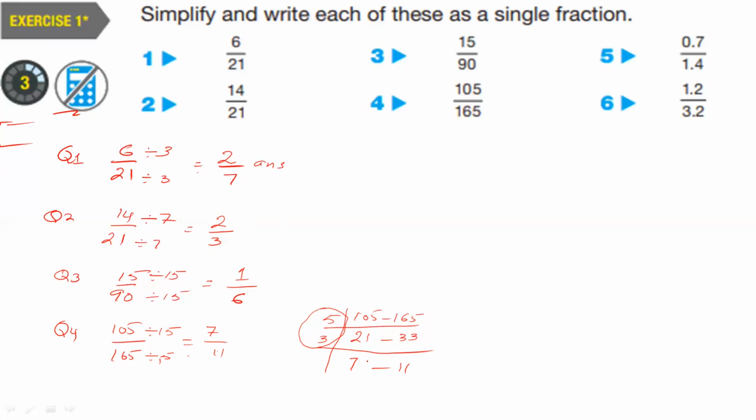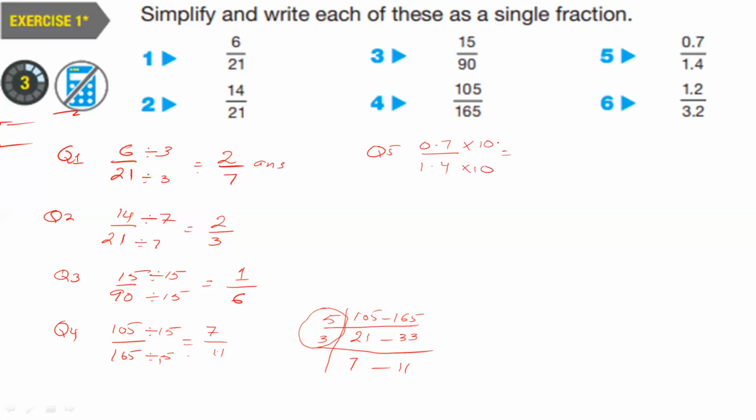Isn't it the easiest way? I hope you understand well. Now we come to question number 5: 0.7 upon 1.4. To eliminate this decimal place, we multiply both numbers by 10.